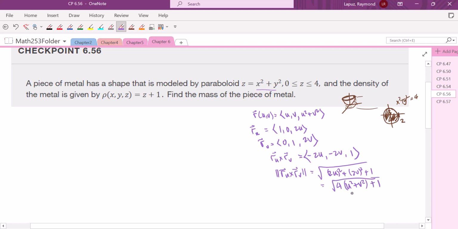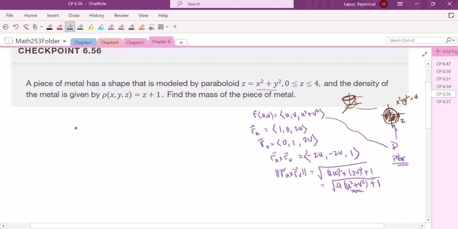And we'll keep an eye on this thing. We didn't talk about the domain for this, but the domain for this parameterization is going to be the circle, and so that's probably going to put us into polar coordinates, which we will deal with later, and it's especially useful because we have a U squared and V squared.